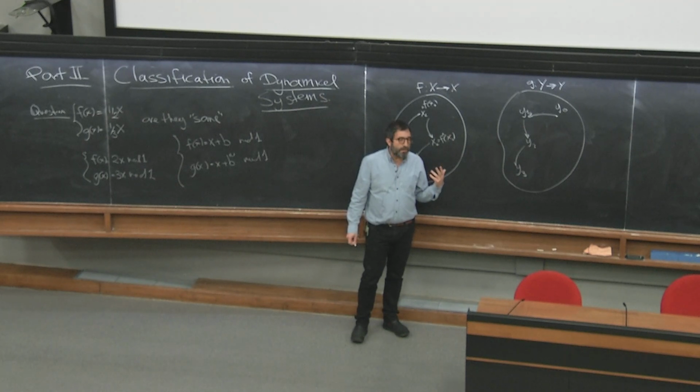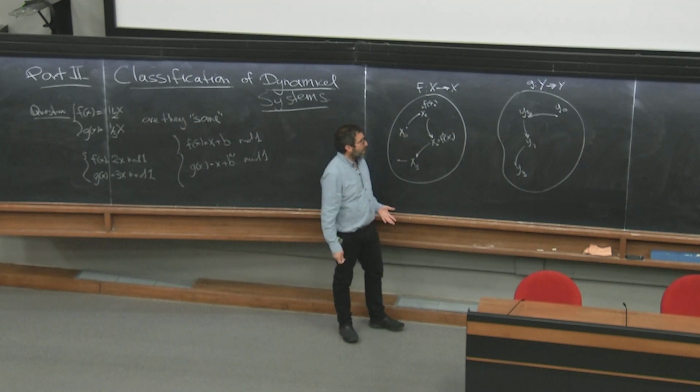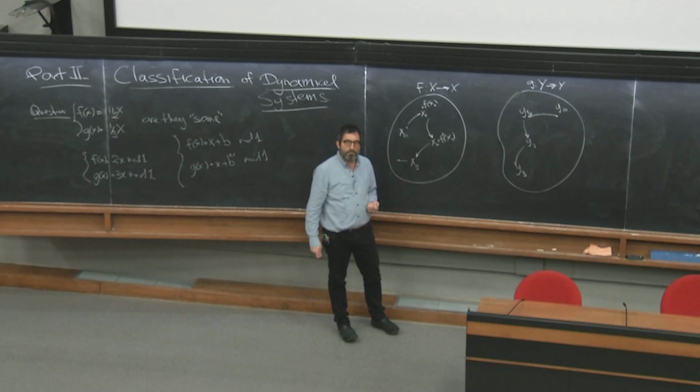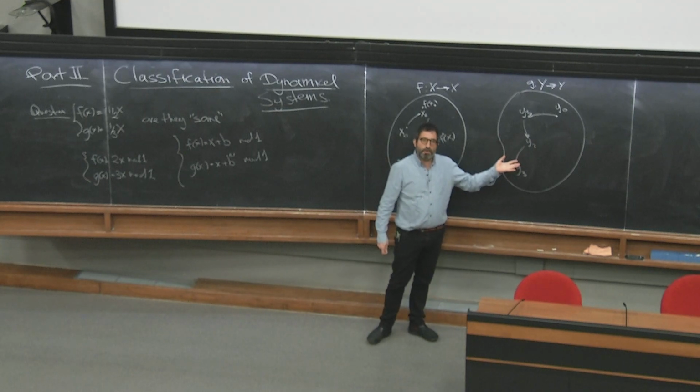So what would I like this notion of equivalence to preserve? If I tell you these two systems are the same, and then I tell you this system has a fixed point, would you expect that this other system should also have a fixed point?